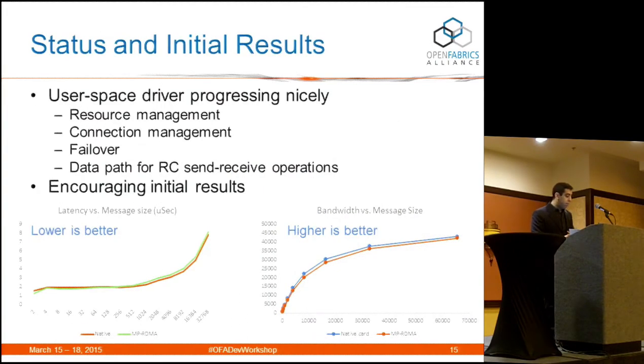So we have some initial results, which are very encouraging. It's not fine-tuning for performance. What we wanted to measure here is how much overhead we are adding in the data path. We are seeing here a graph according to the message size, which is on the bottom, showing the latency and the bandwidth.